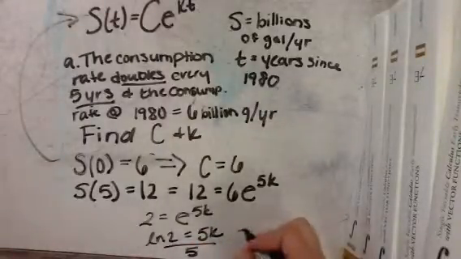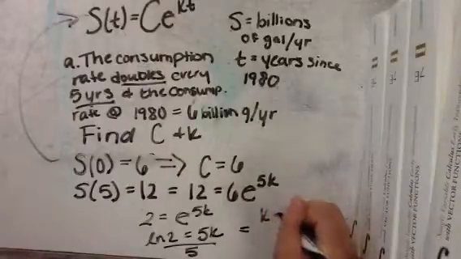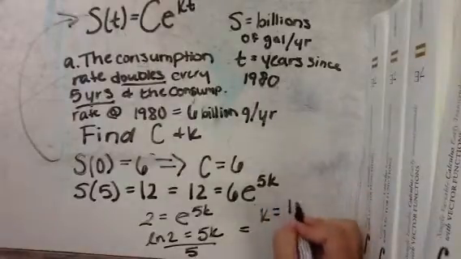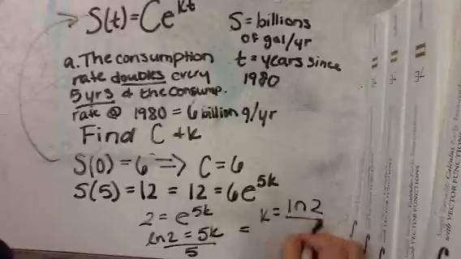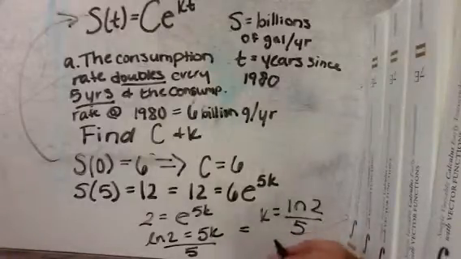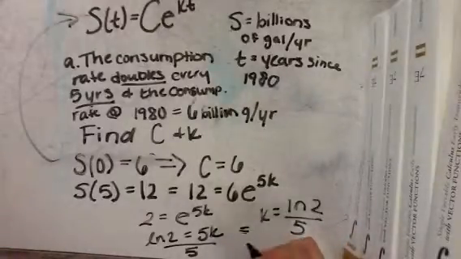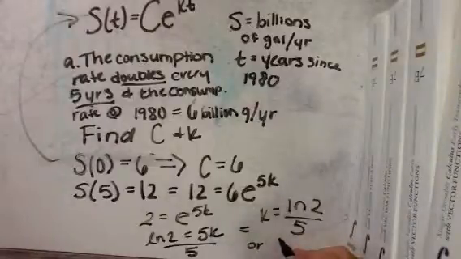Take the ln of both sides, and that simplifies to k equals ln of 2 over 5, or 0.138.